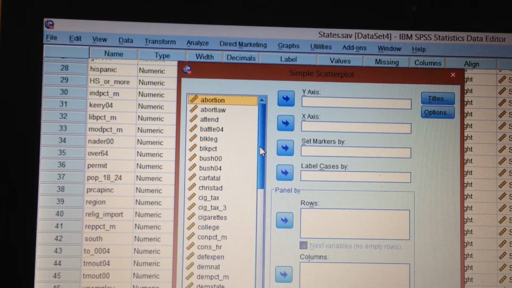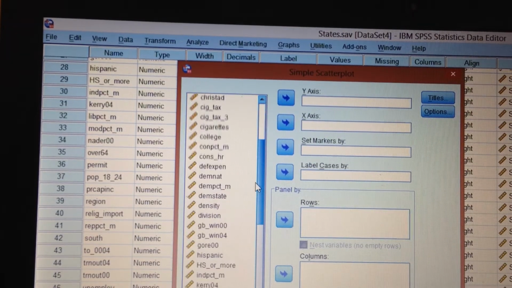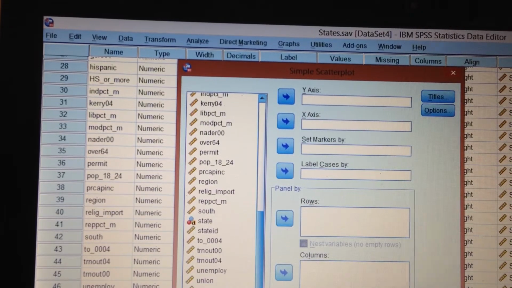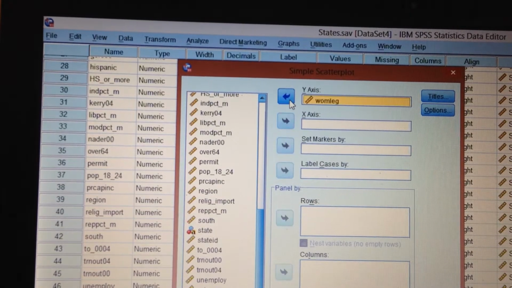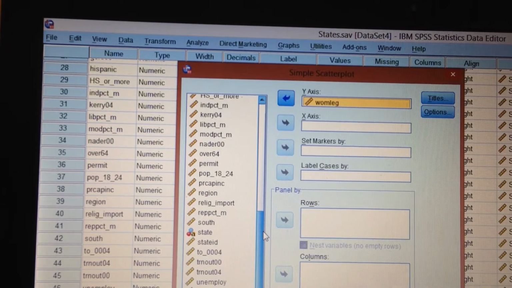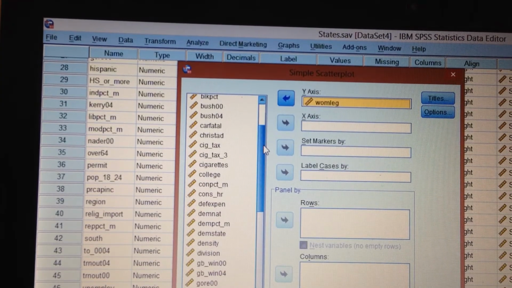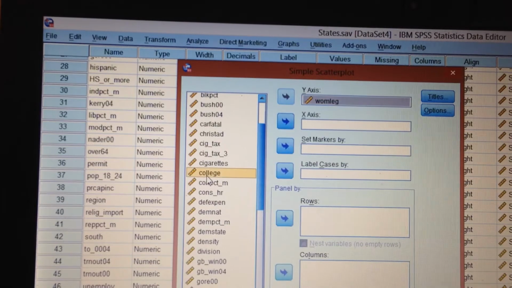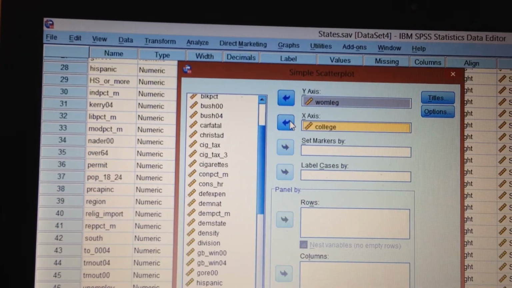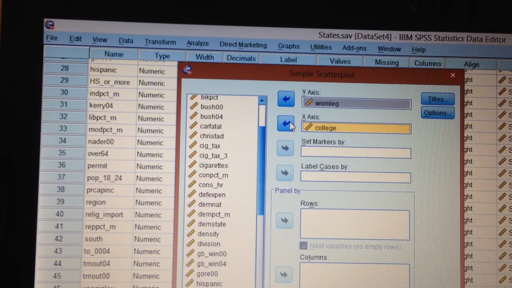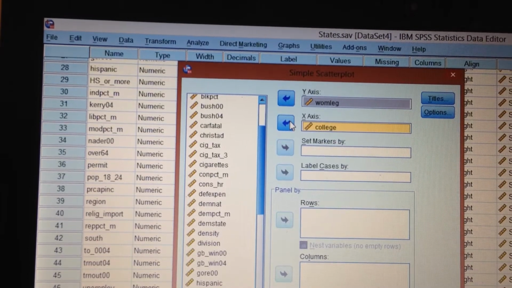Hitting Define, in the y-axis I'm going to put the womledge variable, and then I'm going to take college and put it in the x-axis. Make sure that you have the womledge variable in the y-axis and the college variable in the x-axis.